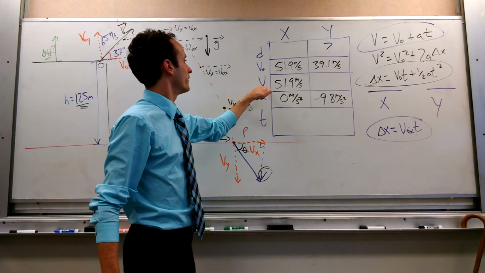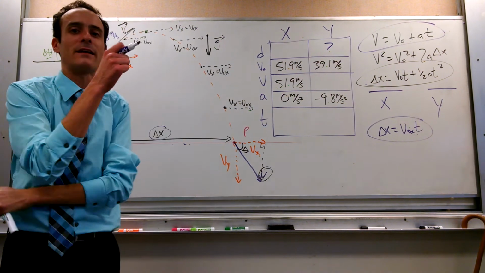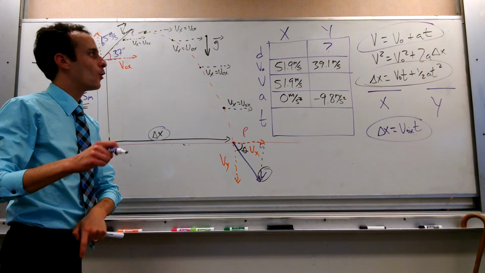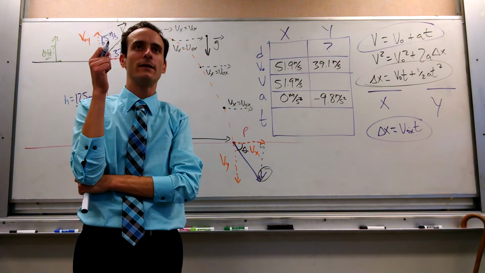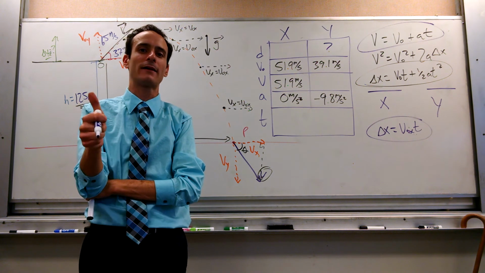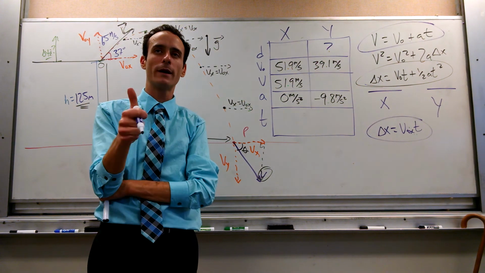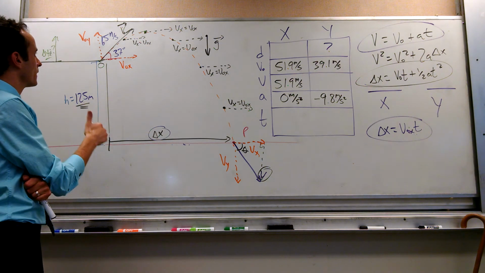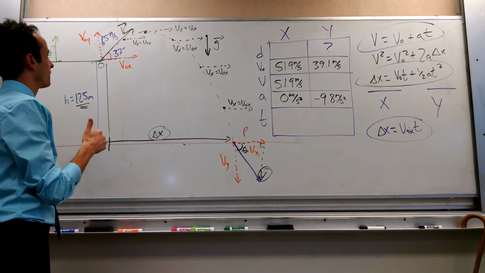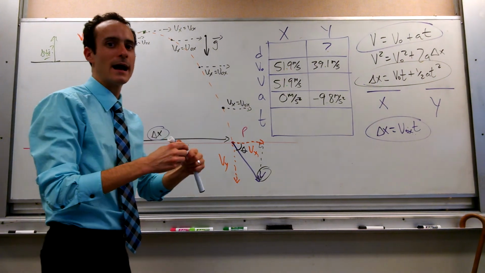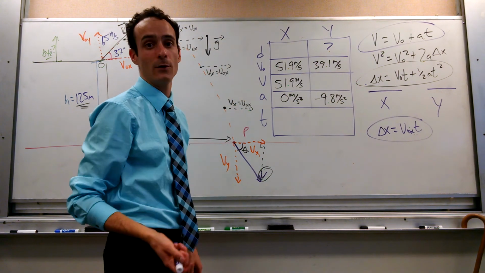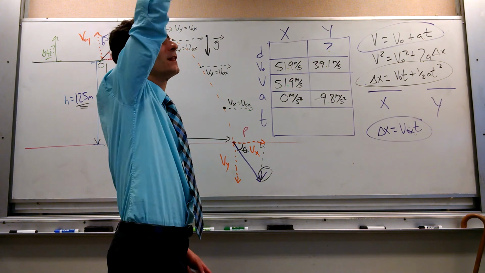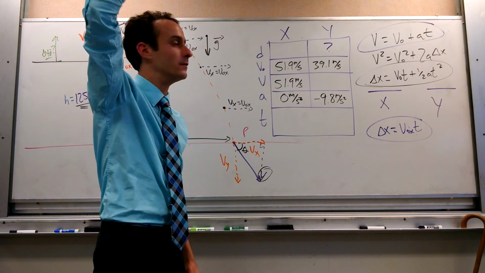And what do I know? The final velocity at the peak. What is the vertical component of the velocity at the peak? Just like an object thrown up in the air in one dimension, its velocity at the peak is 0.